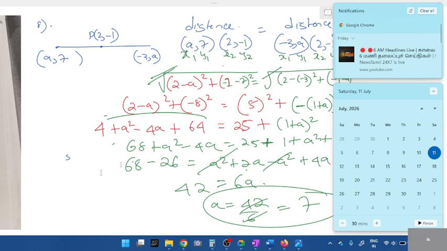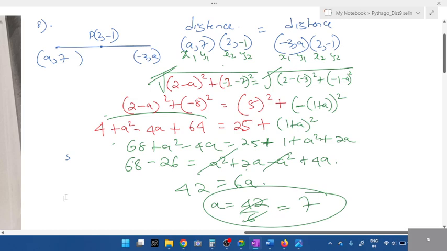Completed. Complete this. Okay, fine, fine. Go through this. When there are two distance forms, whenever there is a point equidistance concept, this is how we have to solve.